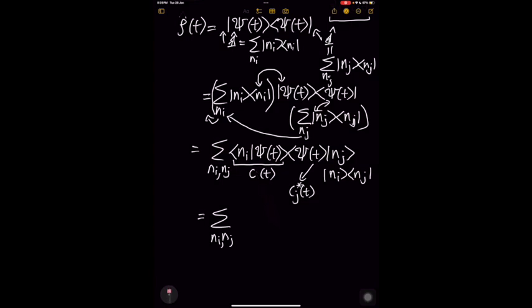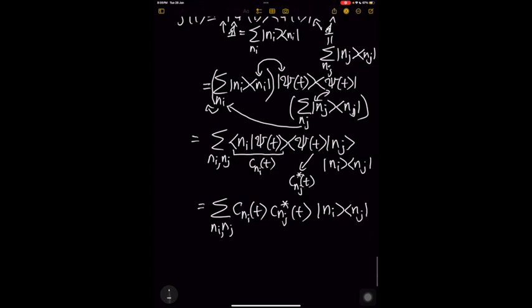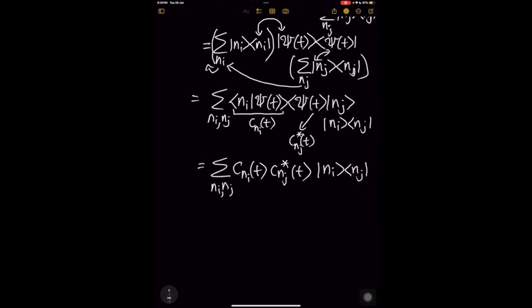I'll call this c n sub i of t and c n sub j of t instead of i and j. So this would be c n sub i of t, c n sub j star of t, ket n sub i, bra n sub j. Okay, so this would be the element of a specific row corresponding to n sub i and column corresponding to n sub j.